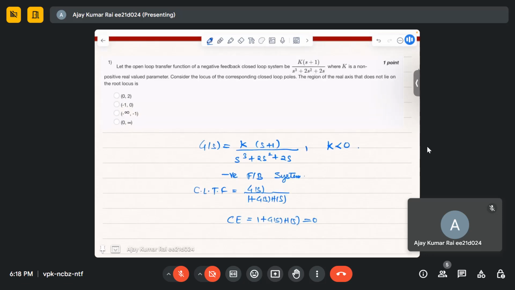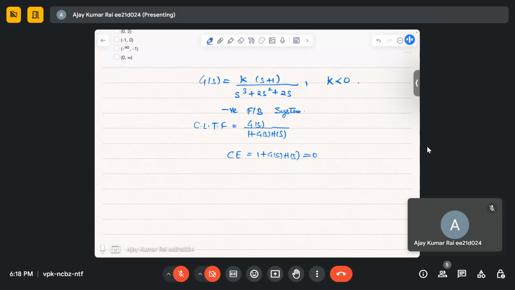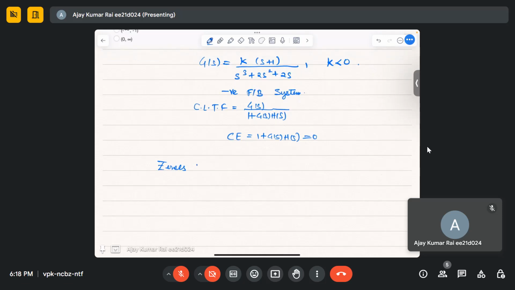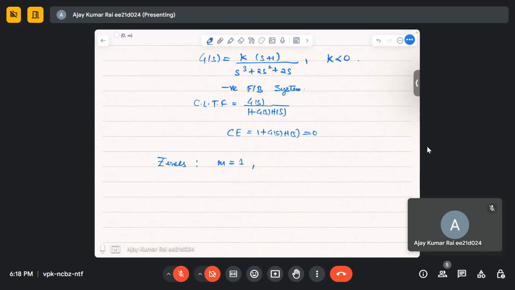Let us first see what the poles and zeros are for this open loop transfer function. First the zeros. We have s plus 1 in the numerator, so we have only m equal to 1, and that zero is at minus 1.